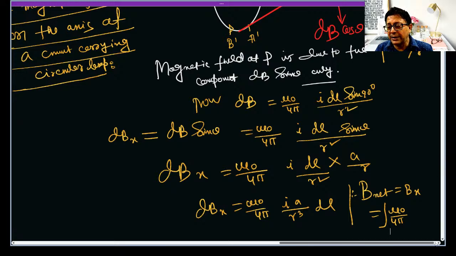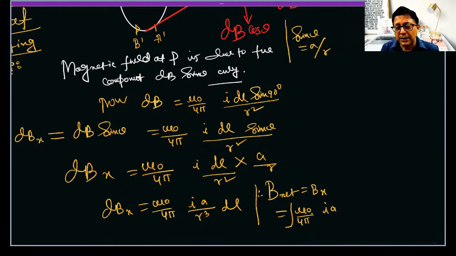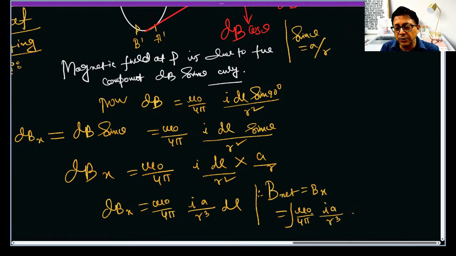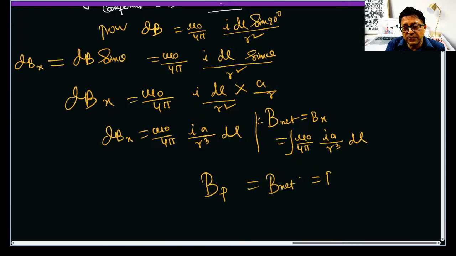mu0 by 4 pi IA by R cube dl. Clear? But dl, if you add, what do you get? The whole circumference of the circle. So this you write. So B at P is B net is Bx.